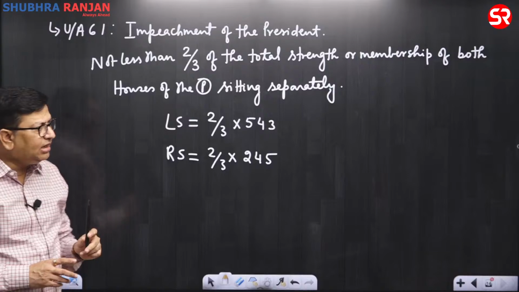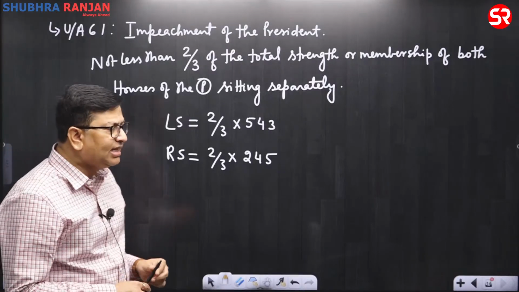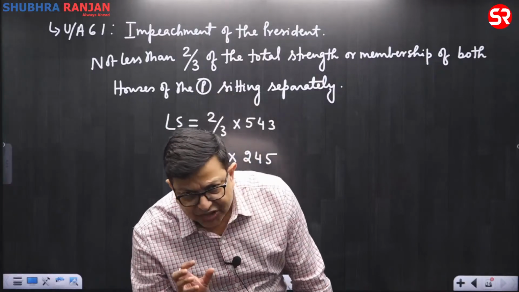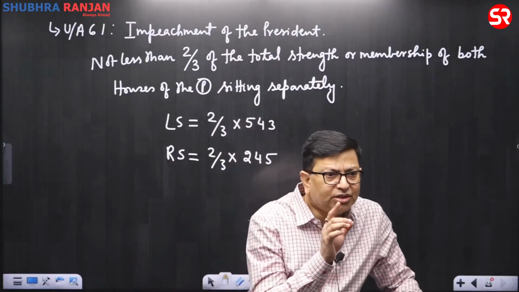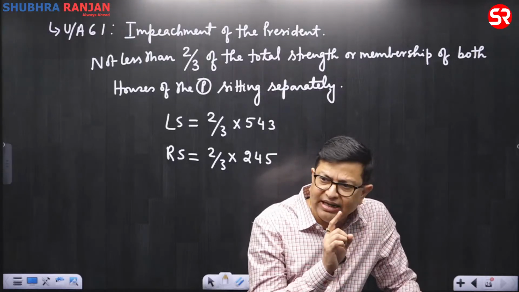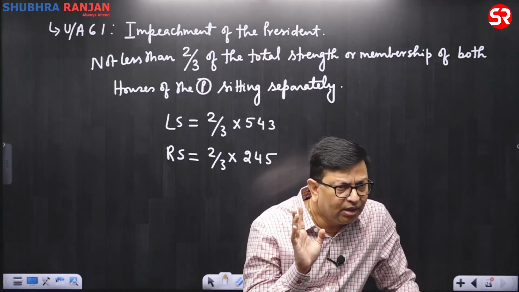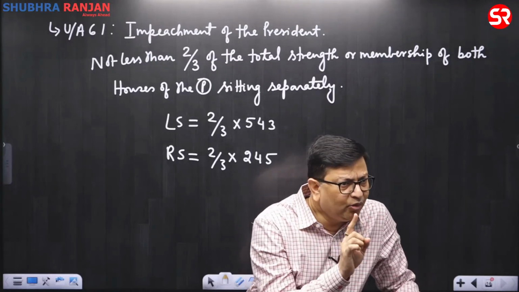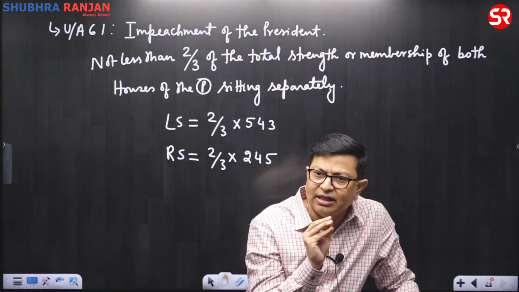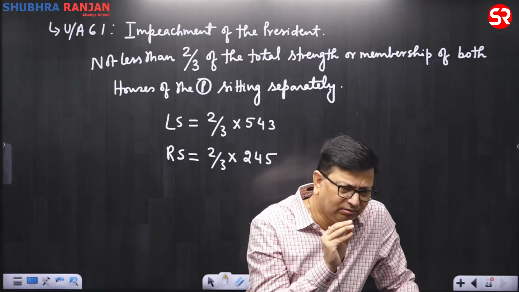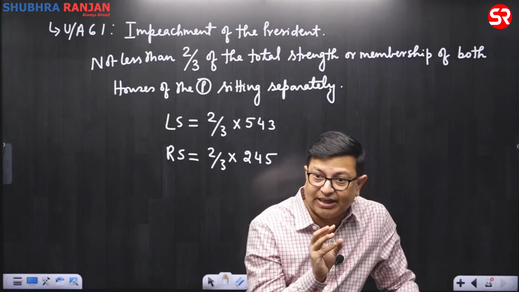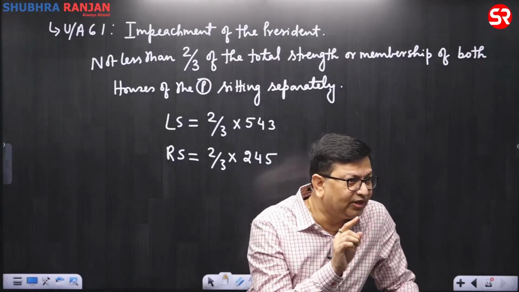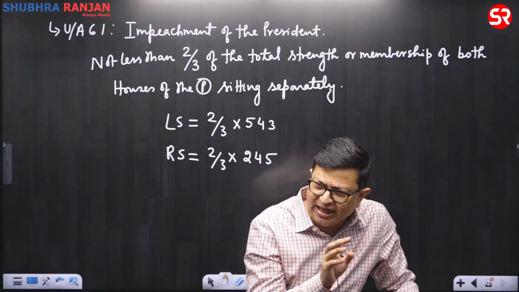Now, one more thing I will tell you here as part of your basics. You see that the word impeachment has been used in the Constitution only for the president, not for any other official. But we have seen that in loose terms, the word impeachment is also used in case of the judges of the Supreme Court and the High Court, even for the CAG.